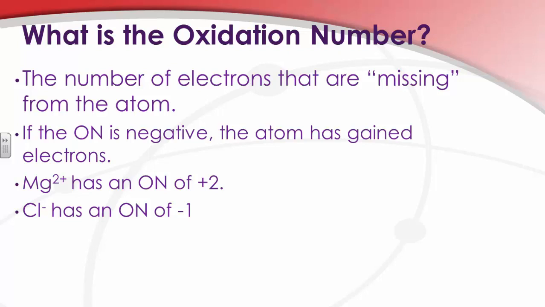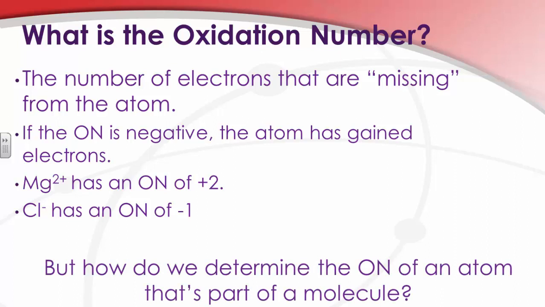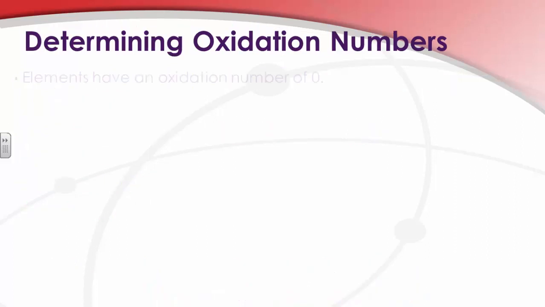A chloride ion has an oxidation number of -1 because it's the charge on it. And these are trivial, rather easy. There'll be easy marks on the test. How do we determine the oxidation number of an atom that's part of a molecule, though? Well, we have to use a set of simple rules. And once we do this, it's just a matter of using our kindergarten mathematics.